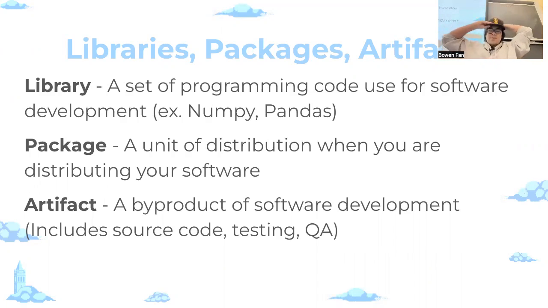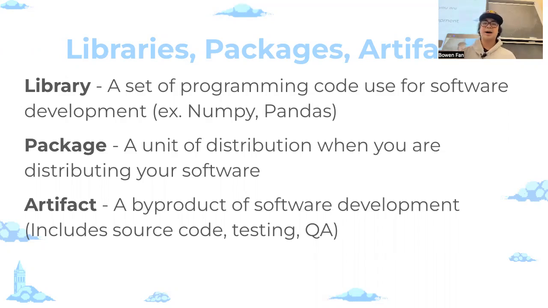A library is a set of programming code that is used for software development. If you know NumPy or Pandas from class, these are Python libraries, right? They're not necessarily Python itself, but they're libraries created by people to perform something using Python code. A library is a set of code that allows you to perform functions that aren't traditionally performed using standard code.